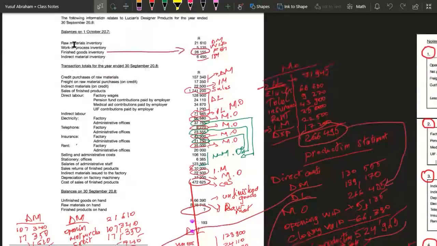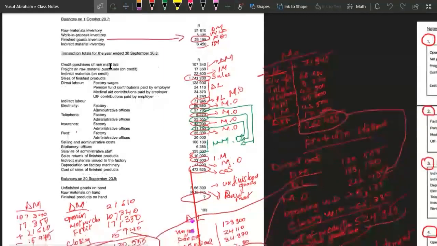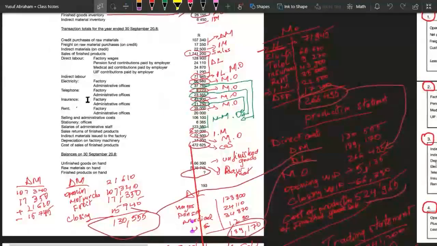So there is an opening balance for raw material. There is an opening balance for work in process. There is an opening balance for finished good. And there is also an opening balance for indirect material. Interesting. But it doesn't matter. There could be an opening balance for anything. That doesn't matter, right? Now, you need also to categorize the main cost.